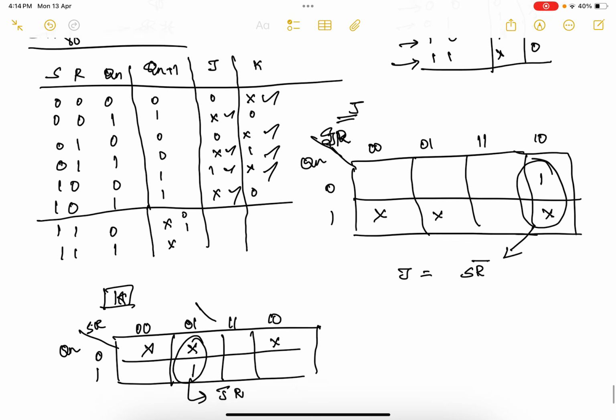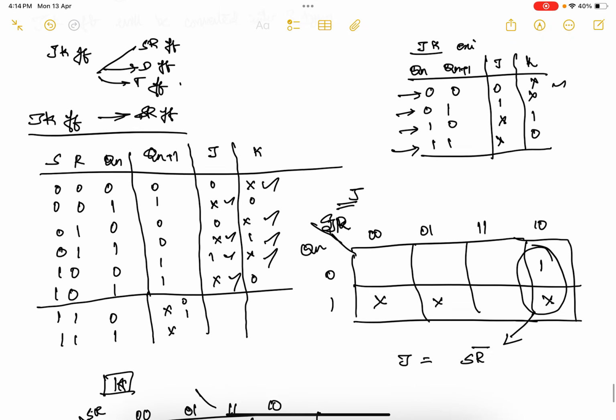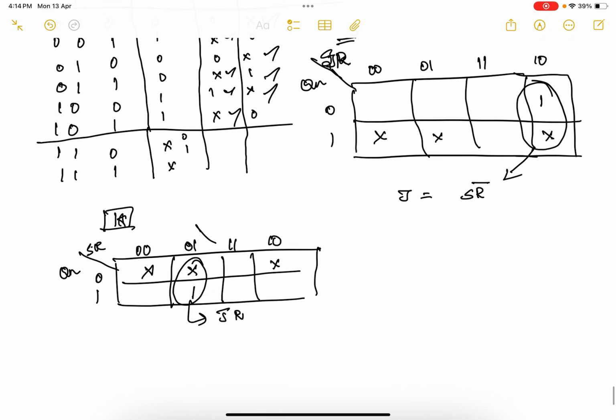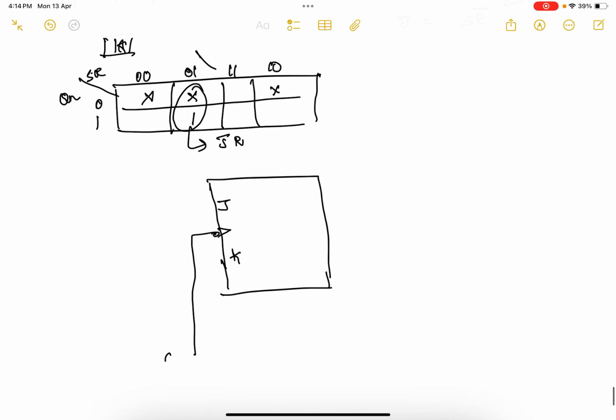So now I want to draw our SR. Now I want to convert JK to SR. So JK to SR means what you will do? I will draw here a JK flip-flop. So this is J, this is K, and I will have one clock pulse, and here you will have your Qn output.